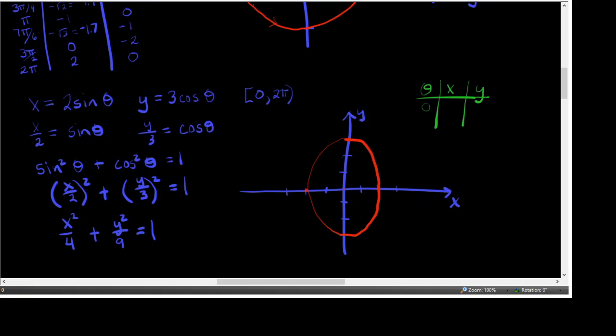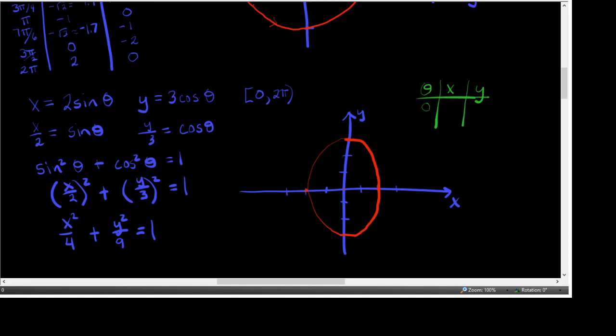So I'm going to go 0. I could go halfway to pi, but that means a lot of times I won't know, like if I'm going all the way around the circle once, or here's an ellipse, did that mean I went clockwise or counterclockwise? So I don't want to pick pi necessarily.